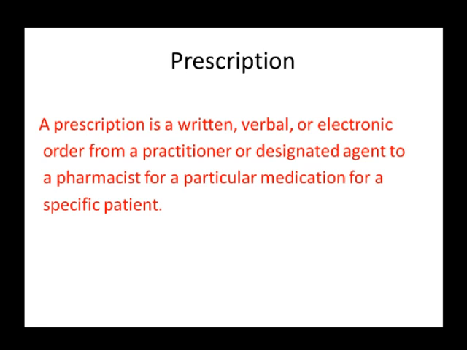So he needs to keep it on a one-to-one basis rather than a 1 to 100 basis. It's not allowed, it's not legal, and the doctor can be called to the court of law if he does that. So remember that it's an order for medications to be given to individuals, and it's for a specific patient and for a specific medication. That is how you define a prescription.